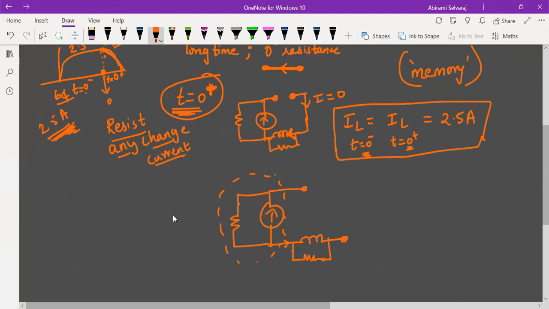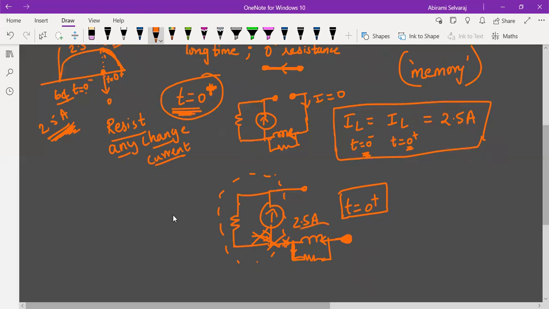Don't think current is going to come here; even if it comes, there is an open path and it cannot travel. So nothing is going to come here from this circuit. Because of the memory property of this inductor, the current will be 2.5 amperes at t equal to 0 plus. It will gradually reduce, but at t equal to 0 plus, it's going to be 2.5 amperes.